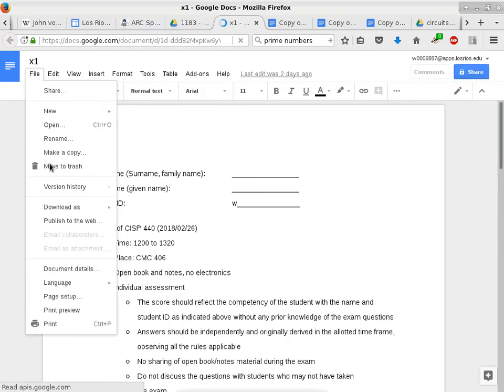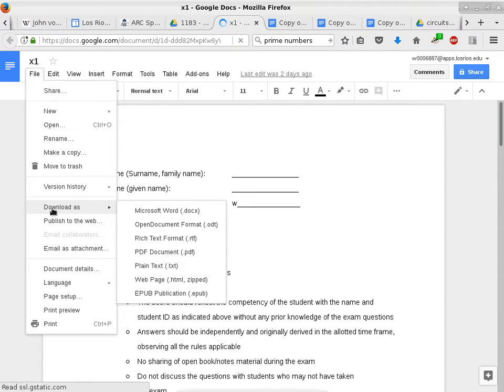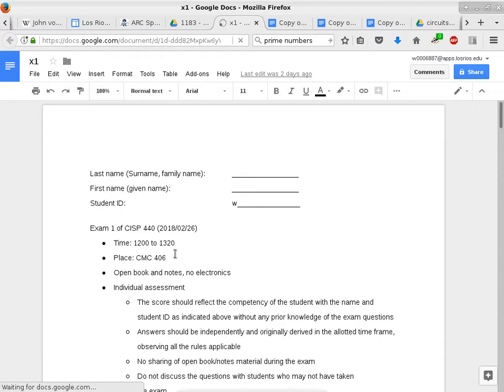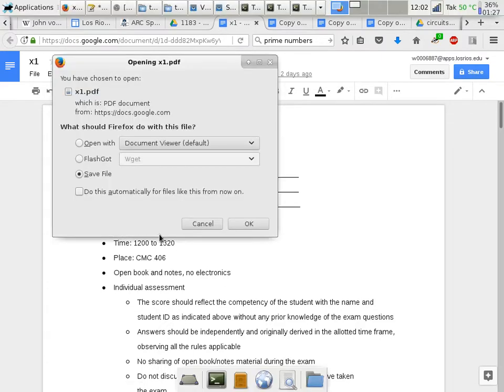I don't think there's a conversion here that can save it back onto the Google Drive. So I can convert it to a PDF first, which will force it to be downloaded, and then I have to re-upload it back to the server so that the tablet can see it, because the tablet is not connecting to the file system of the computer.